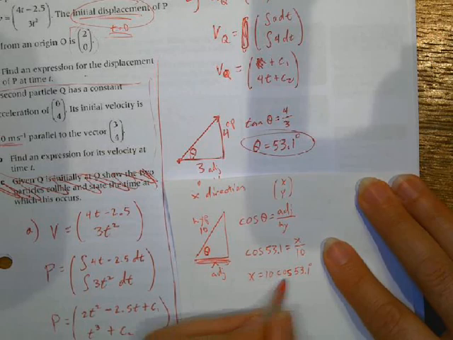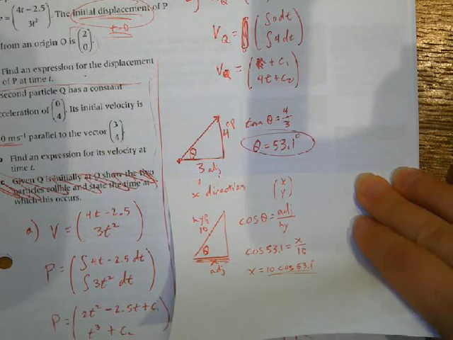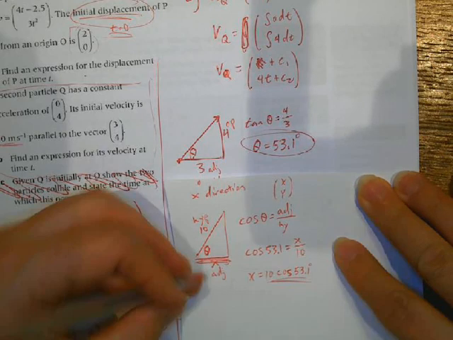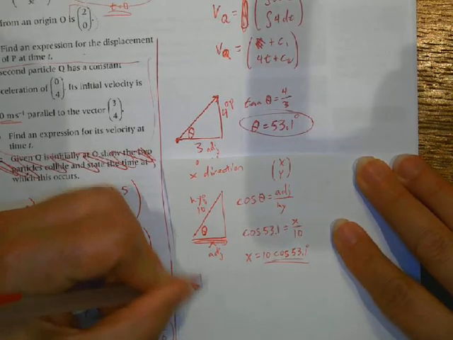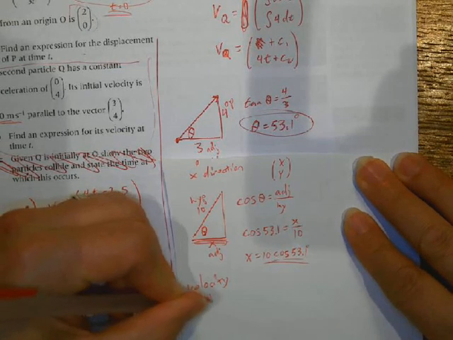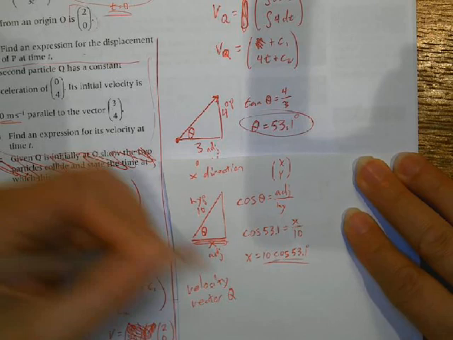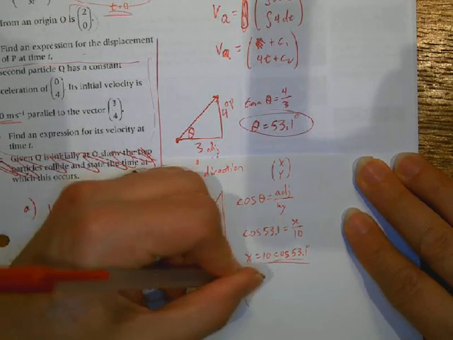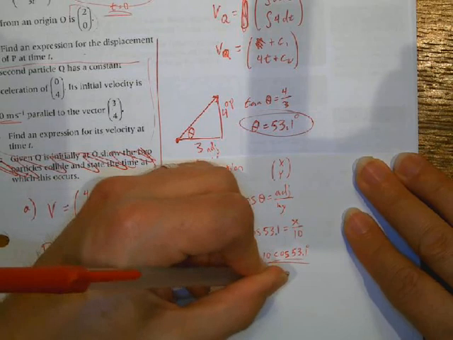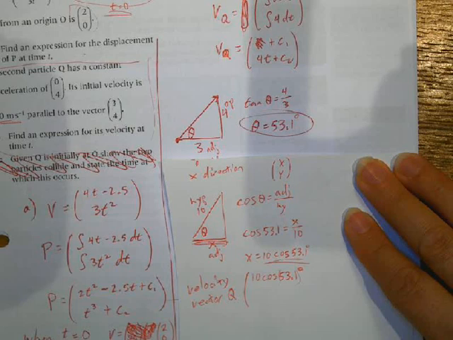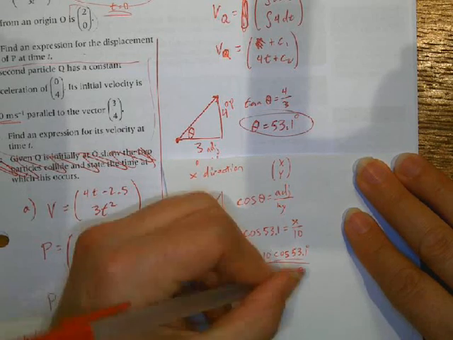So in my velocity vector, the x component is 10 cosine 53.1 degrees.